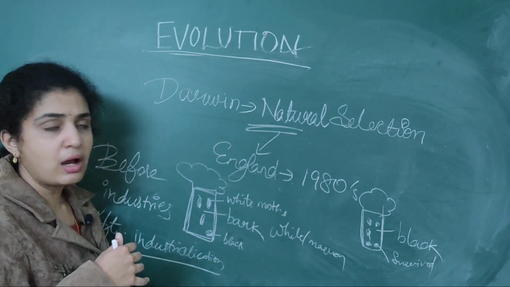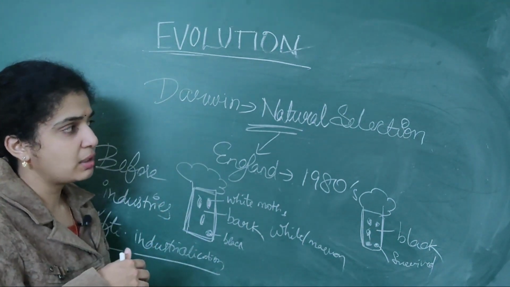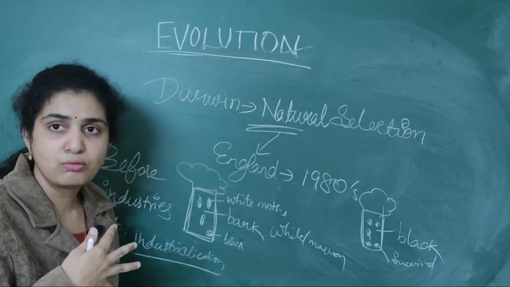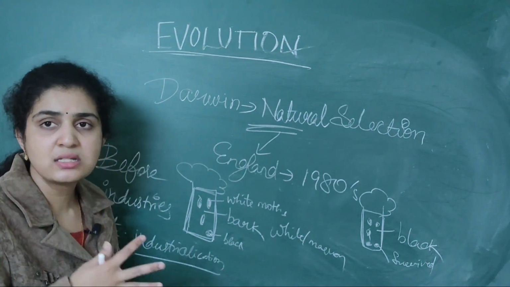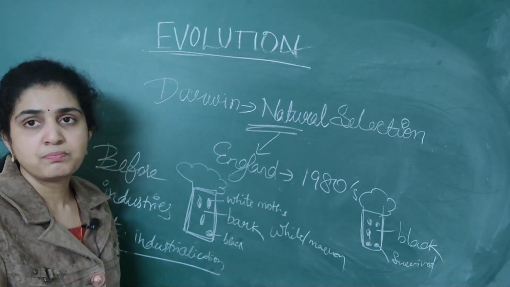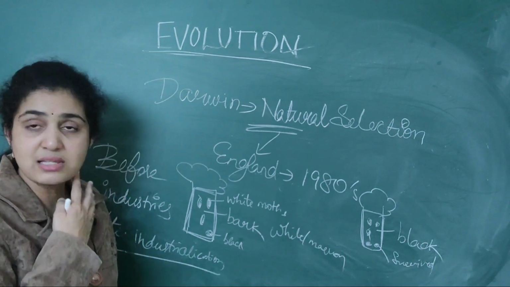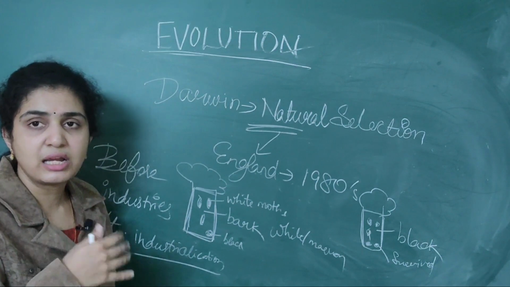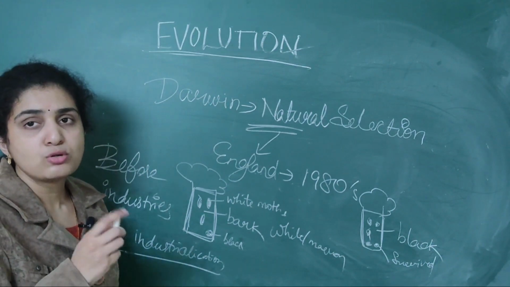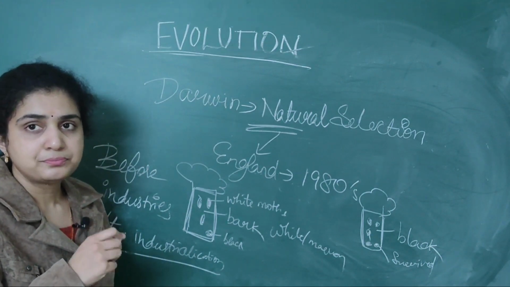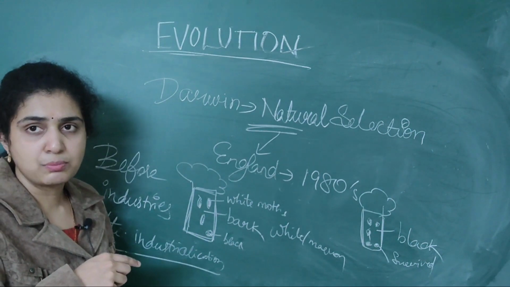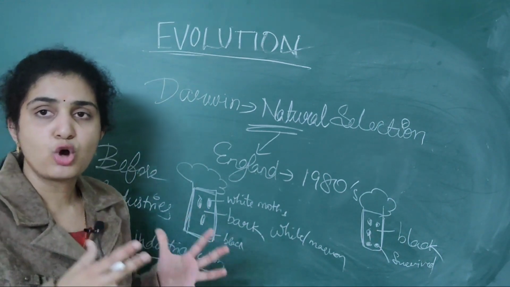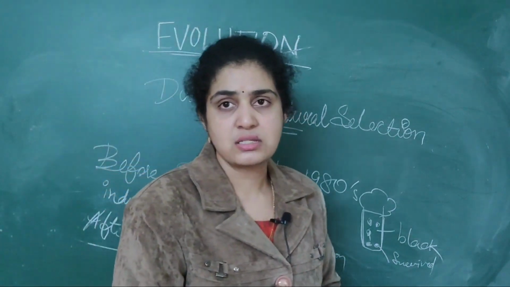It was proved in that nature will select whatever it wants. Otherwise, the predators will kill the moths. So before industrialization as well as after industrialization, on a contrasting background, we were able to identify them. So this is about the natural selection process. That's why evolution is not a directed process.